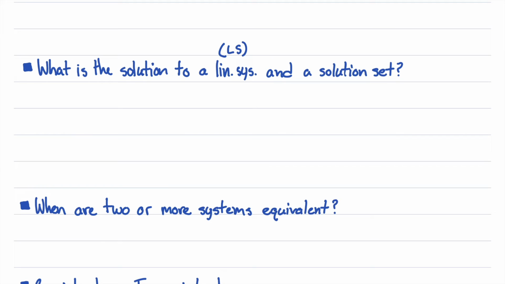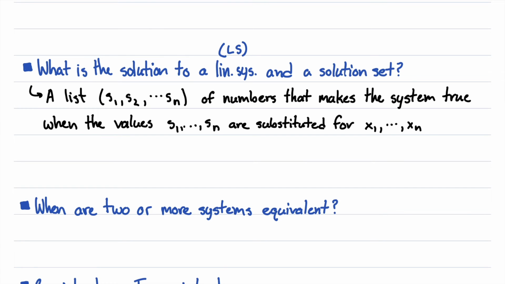Now, to provide a formal definition of what a solution or solution set is in a linear system, which is the same as a system of linear equations. A solution is a list of numbers we're going to call s1 through sn that make the system true when the values s1 through sn are substituted in for x1 through xn, which we saw in our definition of a linear equation, a1x1 through anxn.